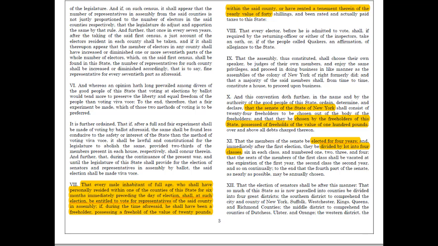Voting qualifications in this Constitution are different for the Assembly as opposed to the Senate. So if we come down to Article 7 at the bottom of the left-hand column, page 3, we'll get the voting requirements for the Assembly.